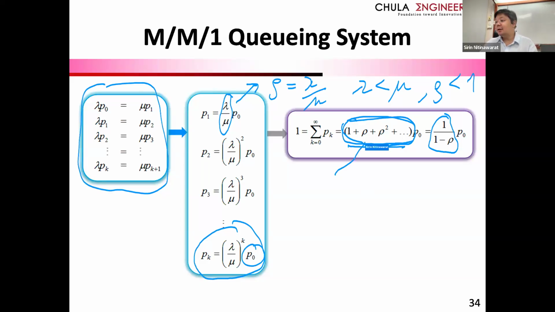How do I prove that this is equal to 1 over 1 minus rho? Do you remember? Oh, let's call this S, right? So what would happen if I subtract S by rho of S?